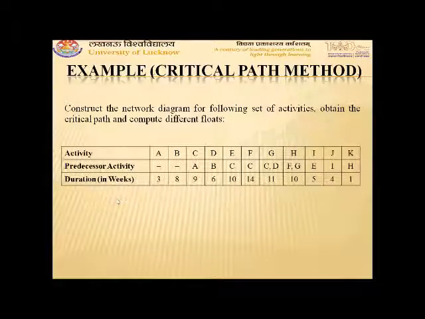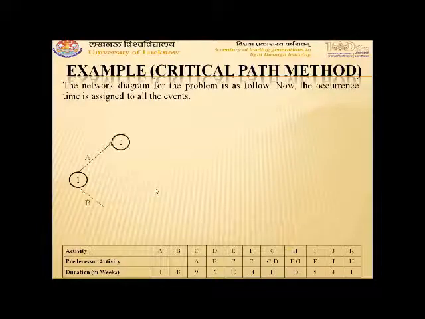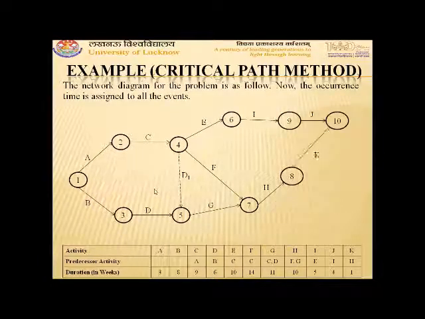The duration of activity A is 3 weeks, for activity B duration is 8 weeks, for C duration is 9 weeks, and so on up to the last activity K, duration is 1 week. So we have drawn the network diagram, which will be similar to the previous one, so I am not explaining it. We have obtained this network diagram.